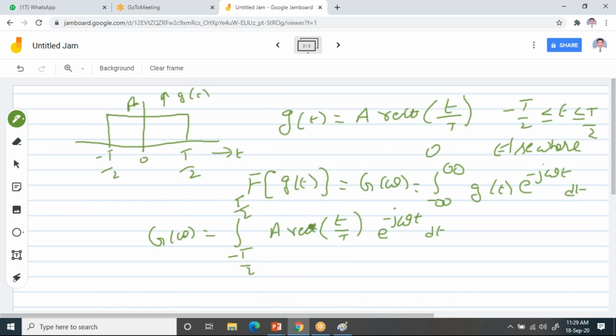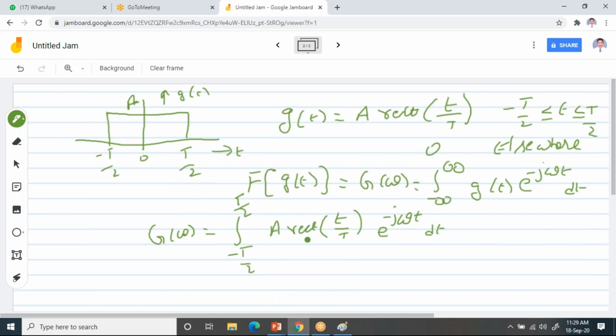Since this rect t by T is nothing but a rectangular pulse, you can treat this as one only. So I can write this as integral minus T by 2 to T by 2 A e power minus j omega t dt. So please try to understand.